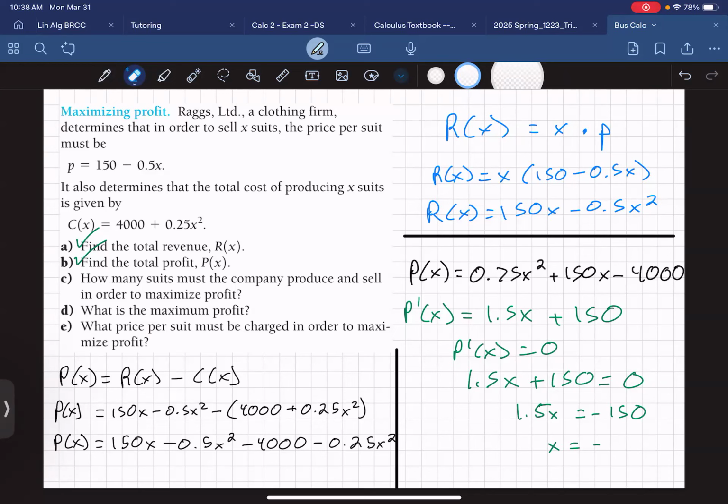Trying to see if I messed up my sign somewhere, y'all. It should be negative 0.75x squared. Yep, I totally dropped my negative, huh? Thank you. About to say, we want a positive number, not a negative number. So I dropped my negative here.